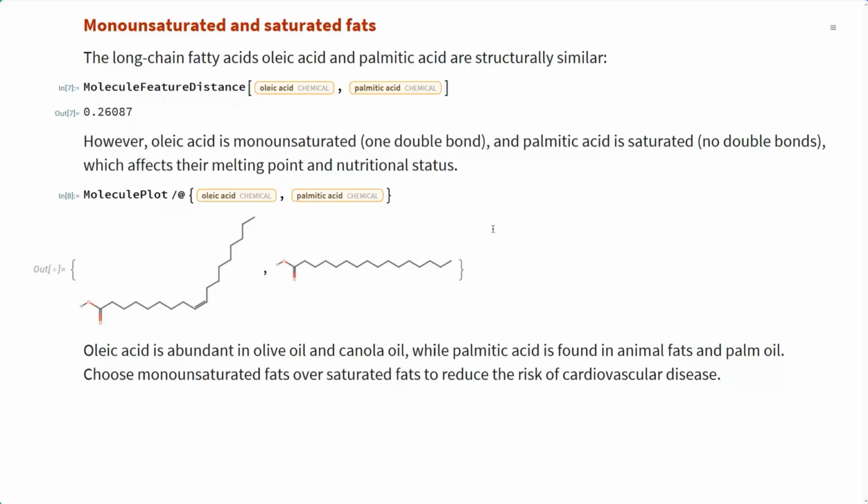Oleic acid is abundant in olive oil and canola oil, and as expected, palmitic acid is found in palm oil and also animal fats. So as we know, we should choose monounsaturated fats over saturated fats to help reduce our risk of cardiovascular disease.